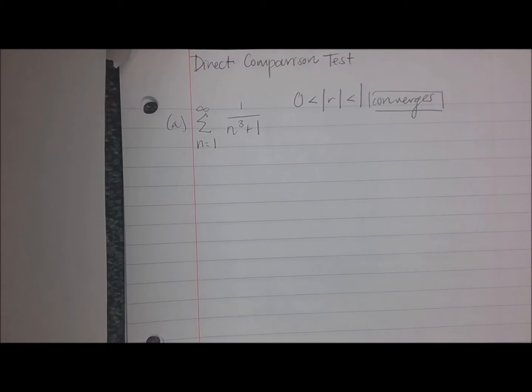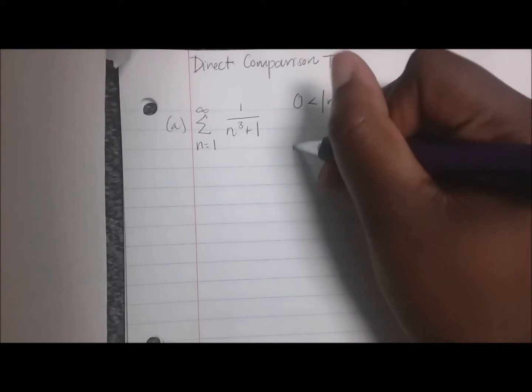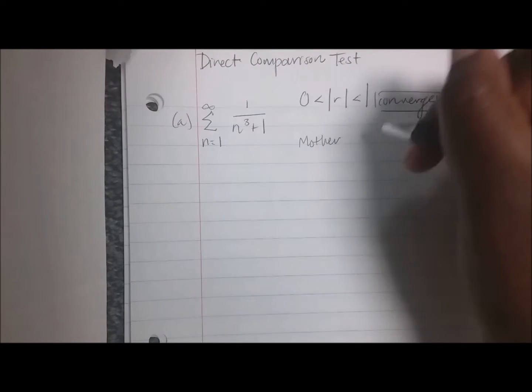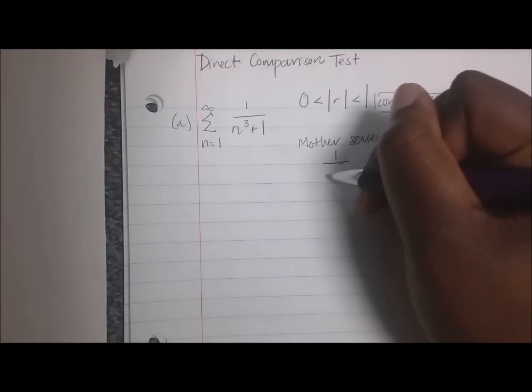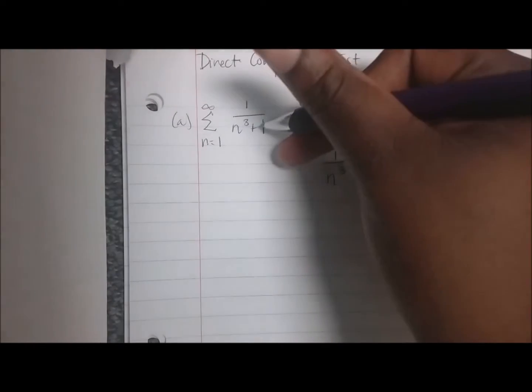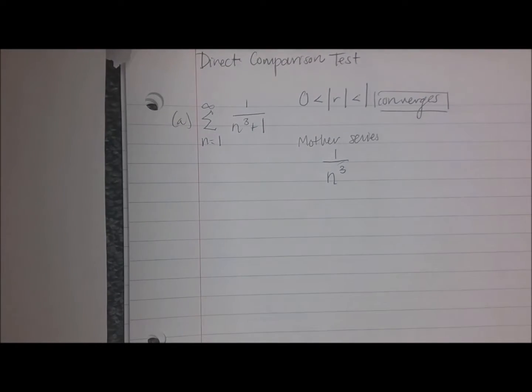So here we have the first example where 1 over n cubed plus 1. So the mother series would be known as 1 over n cubed. The 1 doesn't really matter.